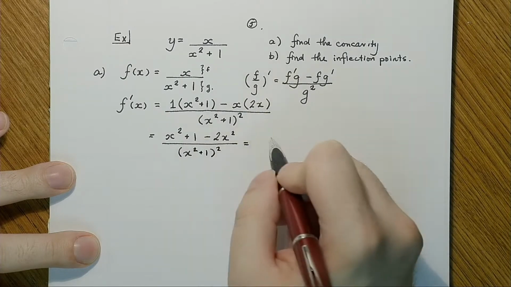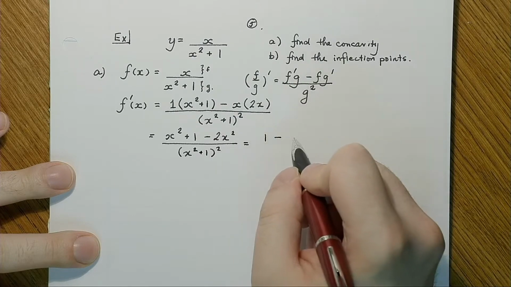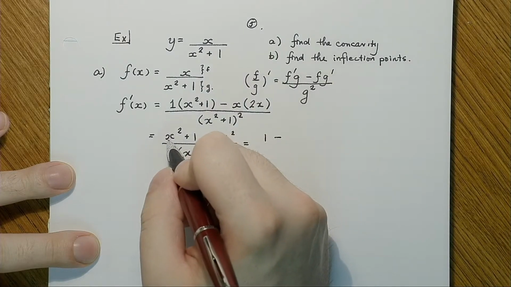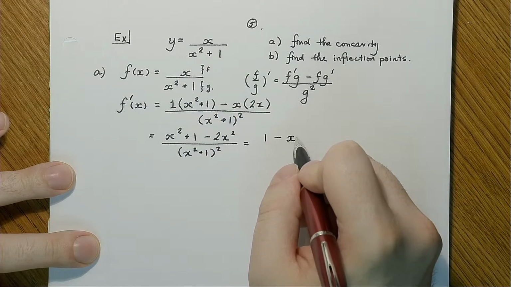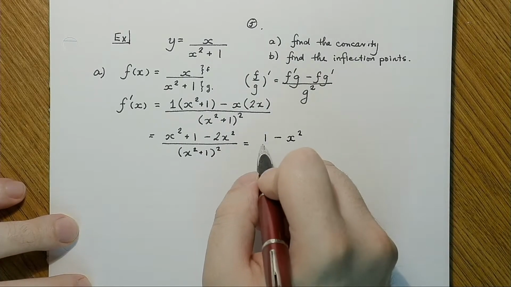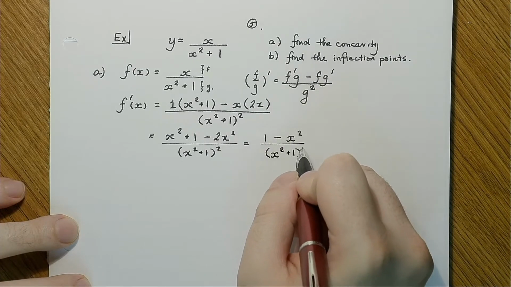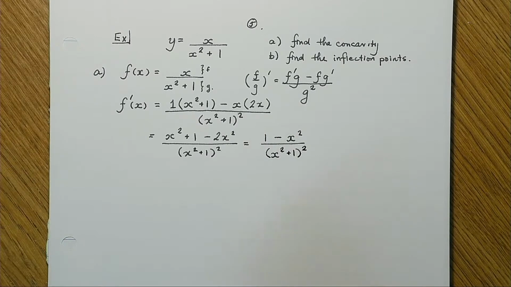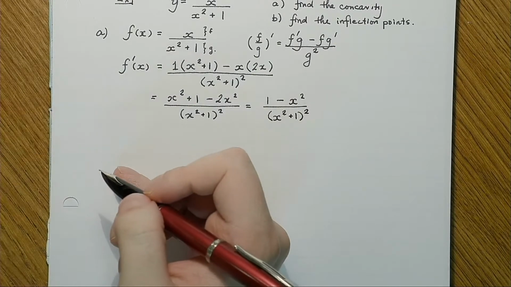So you can also see that I get 1 minus, so I have 1x squared minus 2x squared, so that's just x squared, all over x squared plus 1 squared. Okay, so that wasn't too bad. But yeah, we're going to have to do this again.